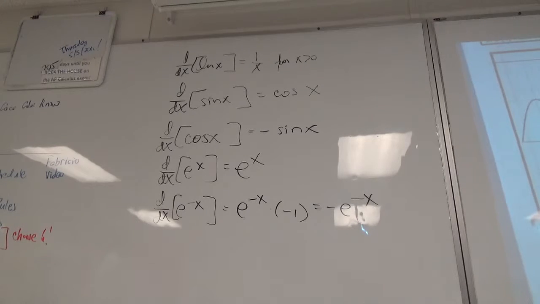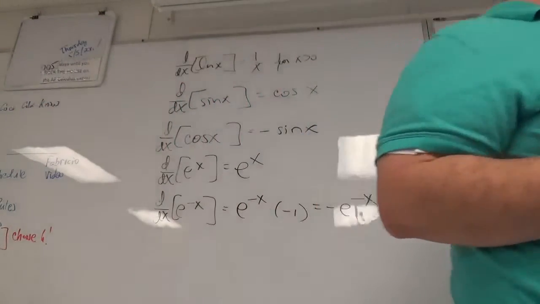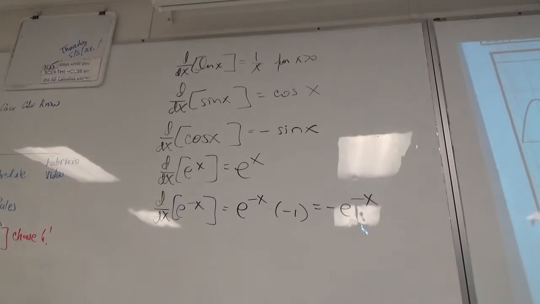Without looking, the derivative of natural log of x is 1 over x. Good. Thank you, Ramir, for making me a better teacher. Derivative of cosine of x? Negative sine of x. Derivative of e to the negative x? Negative e to the negative x. Derivative of natural log of x? 1 over x.